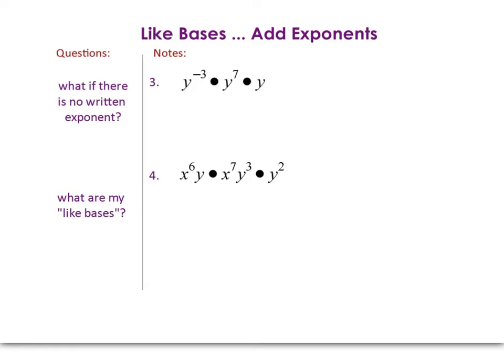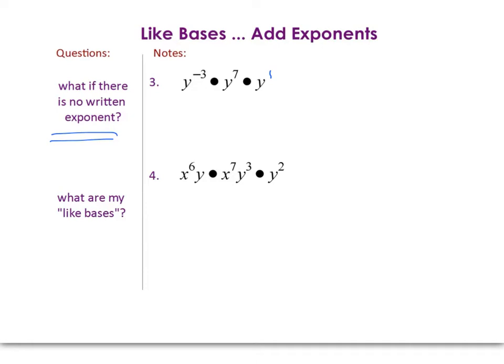So what if there's no written exponent? This is my question over here. I have y to the minus 3 times y to the 7th times y. Well, if there's no exponent there, we're going to write that that's an assumed 1. That's not a 0. Something raised to the 0 is just 1, so it's not 0, or else it would say 0.